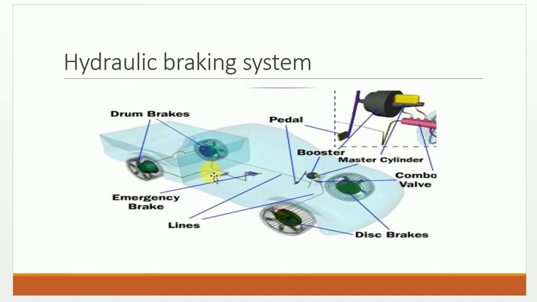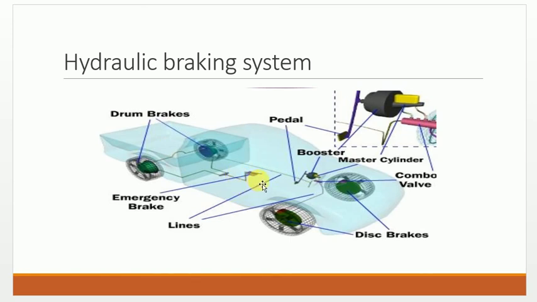The oil goes through these bundy pipes and is transmitted to each wheel. It may be drum brakes or disc brakes, depending on the vehicle. We have probably seen on a few low-segment passenger vehicles where the front is disc and the rear is drum brakes. These drum brakes can also be used as emergency brakes.